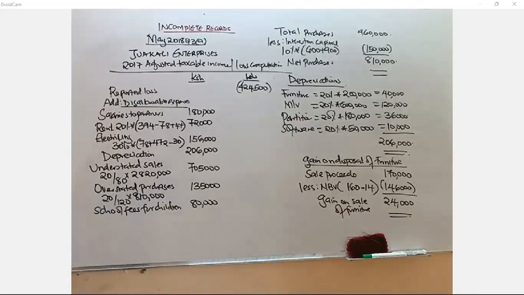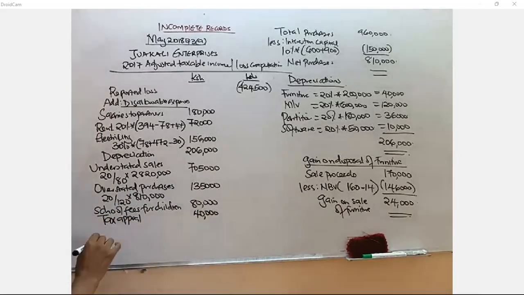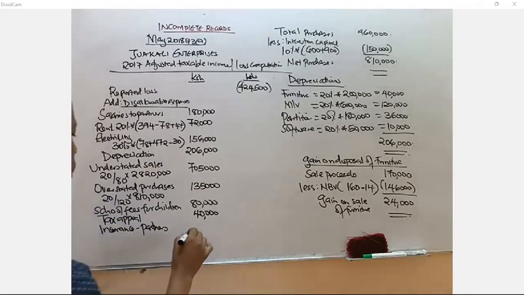But we can see we have been told about the tax appeal. It is a disallowable expense. Our tax appeal was around 40,000. When I look at the insurance policy, it was related to the partners, disallowable, amounting to around 70,000.